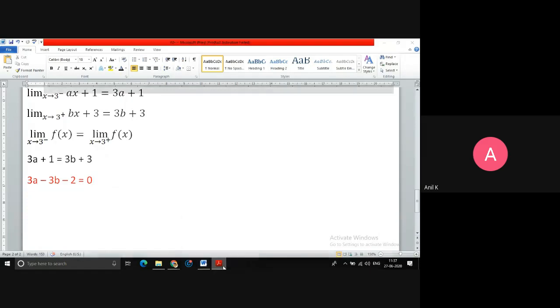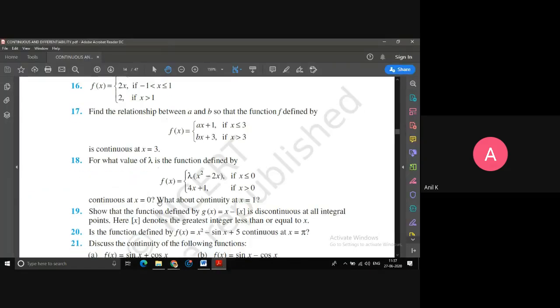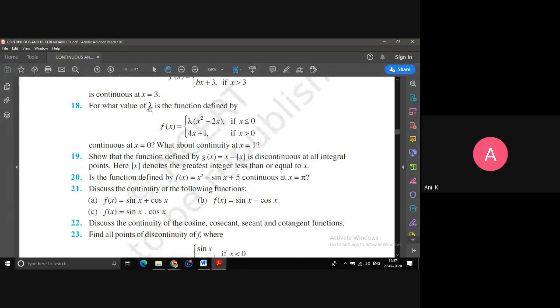Now similarly, if I come to question number 18, find the value of lambda if the function is continuous at x equals 0. Similarly, you find the left limit, you find the right limit, and equate them and see what value will come. Are we able to find the lambda value or not?